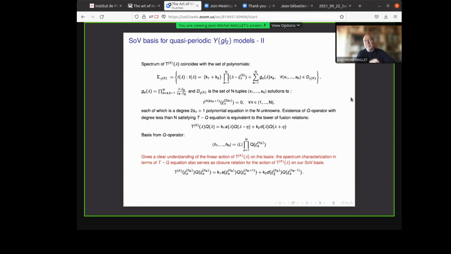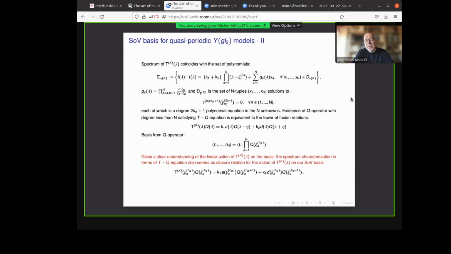And in fact, we proved that the spectrum is complete in the sense that if you take any T(lambda) in the set of polynomials having specific asymptotic value in terms of trace of K, and in terms of some set of parameters x_a, which are solutions of just the set of n equations, fused T^(2S_n+1) evaluated in psi_n to S_n equals 0.